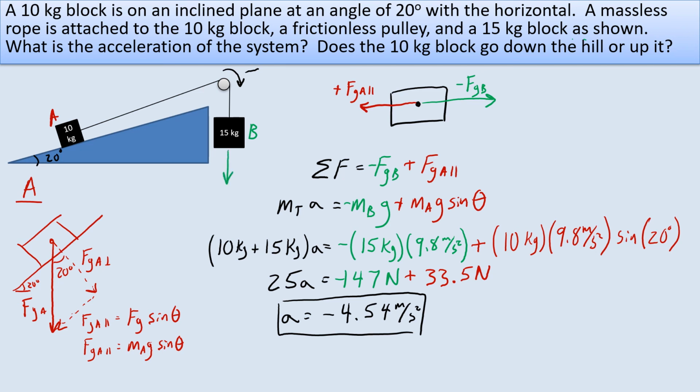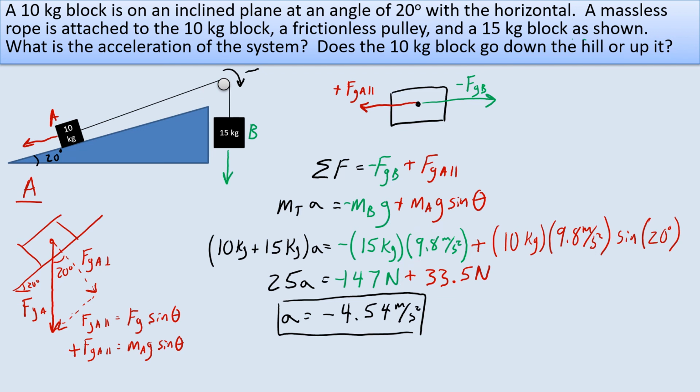And block A, there's a component of block A that's trying to go opposite that direction. The weight of block A has a part that's going parallel to the hill in the opposite direction, which would be the positive direction. So that's why we made this positive, and you could see it's positive all the way through here.